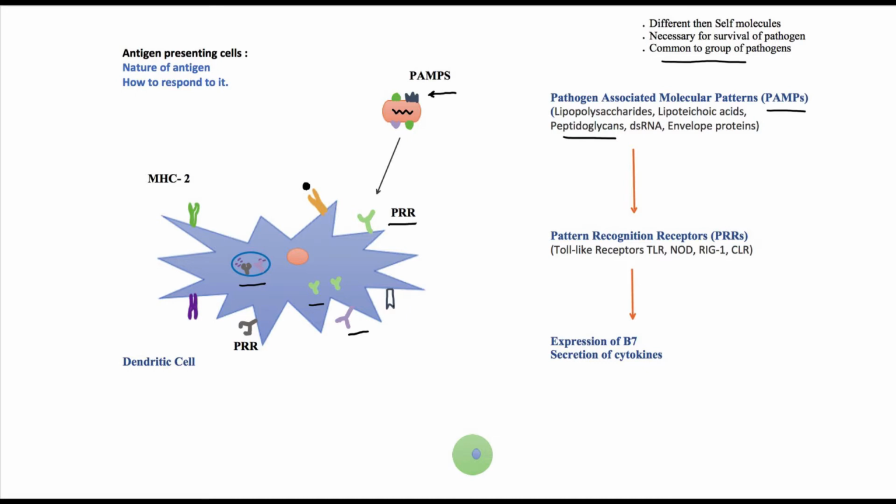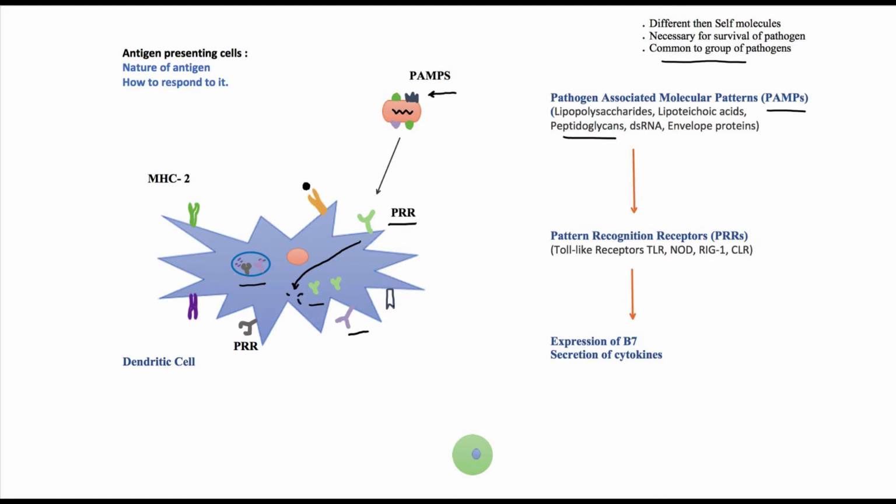Now, what happens after pattern recognition receptors of antigen-presenting cells have recognized molecular patterns of a pathogen? This results in downstream signals from these receptors that will result in production of cytokines.